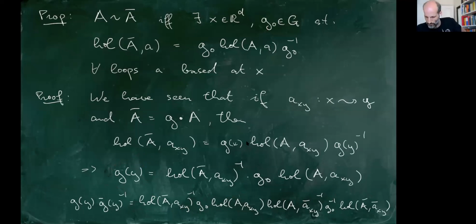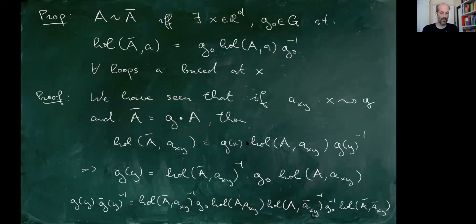And then you can do a similar sort of calculation. Maybe I don't want to do the calculation. Well, it's just based on, you want to sort of extract the A out of these holonomies, right? And then to compare the A to the A bar, right? So now we have a candidate for G. We want to check that this identity is really satisfied.